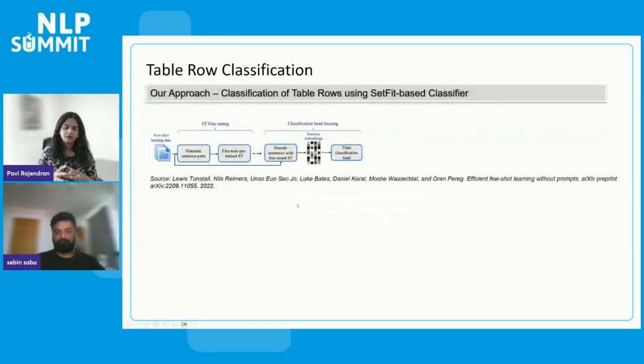Because we had a very small number of labeled examples, we followed a few shot learning approach called SetFit. It is very popular. What the authors have done in this paper is make use of the ability of sentence transformers.